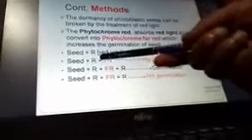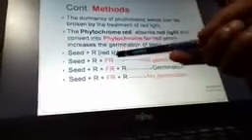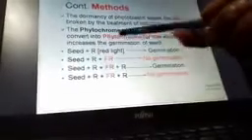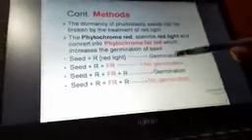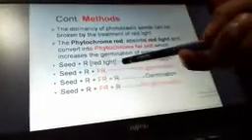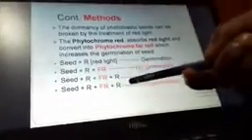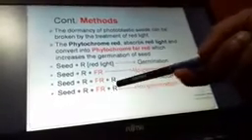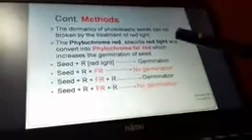When the seed is treated first with red light, then far-red, no germination takes place. But when the seed is treated with red light, then far-red, and then red light exposure is given again, it germinates. But where the seed gets red light, then far-red, then red again, followed by far-red, no germination takes place.